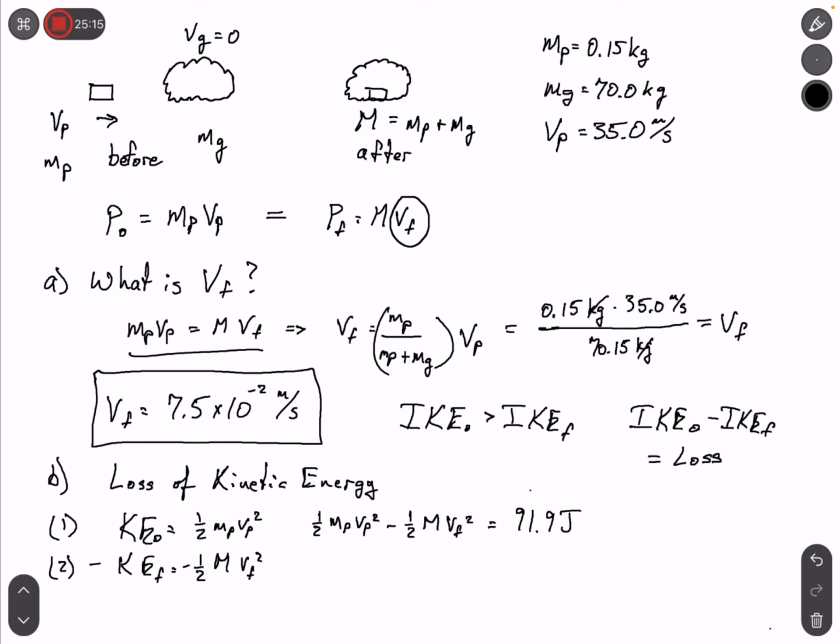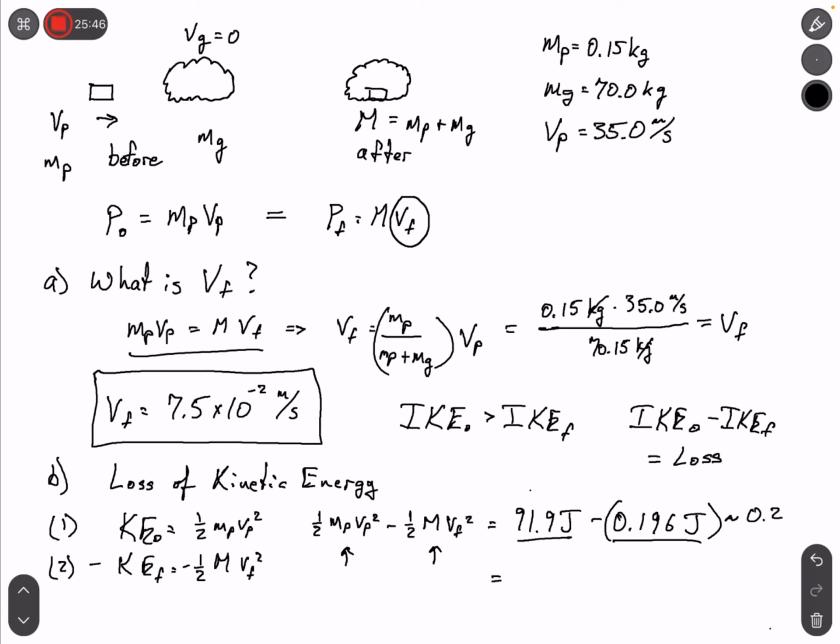Okay, you do the math. I'm not doing it. We need to keep moving forward. 0.196 joules. So this is our KE final, this is our KE initial, and what we are finding is the loss. So this minus this is going to be our loss. This one here is roughly 0.2, right?